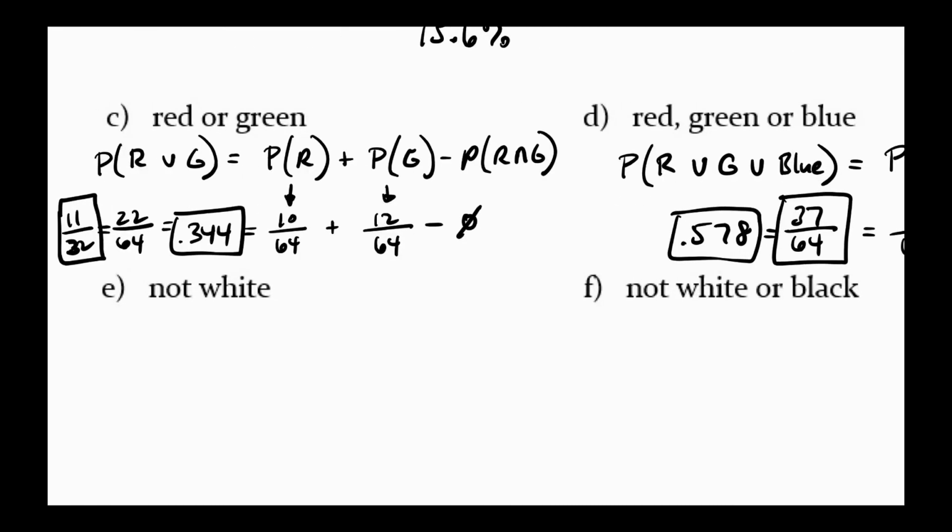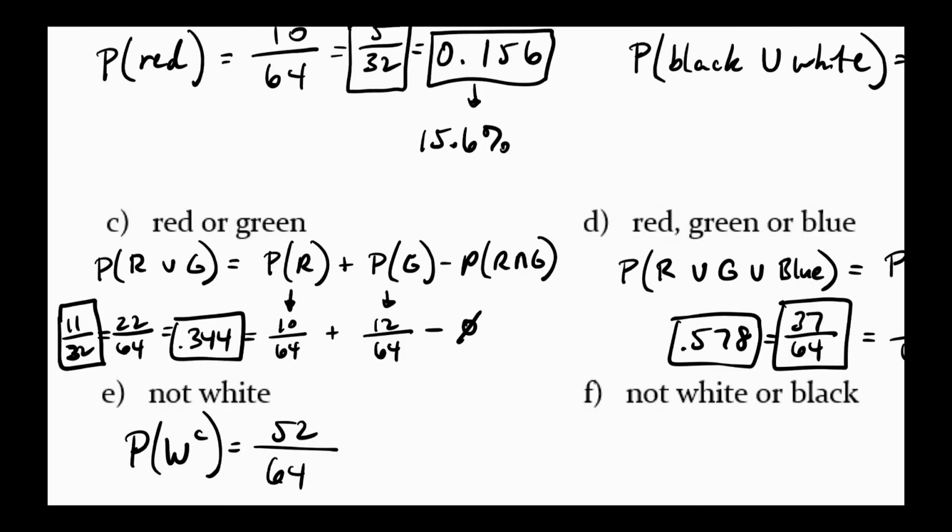What's the probability of not white? That's how I would write it as a symbol, not white. So if it's not white, it's going to be every other color, right? So just add up all the other colors. Or just subtract it. You can subtract the whites or add up all the other colors. 52. There are 12 whites.